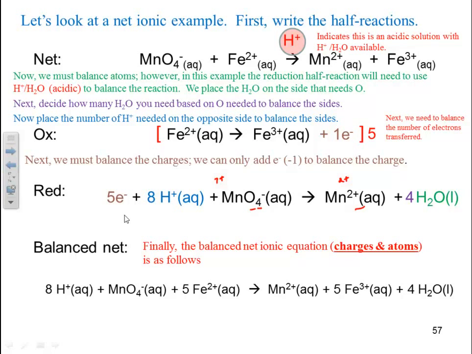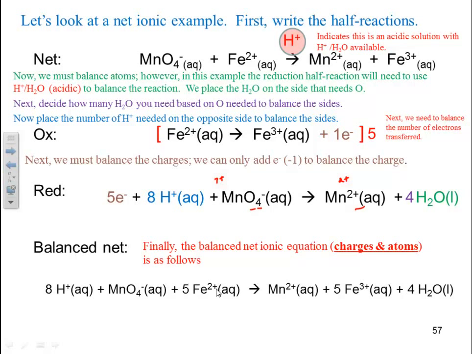If everything is done correctly, my atoms and charges should be balanced. Let's see if they are. I have 8 hydrogens, 1 manganese, 1 manganese. I have 5 irons, 5 irons. I have 4 oxygens and 4 oxygens. So my atoms are balanced. What about charges? I have 8 pluses and 5 times 2, 10 pluses.